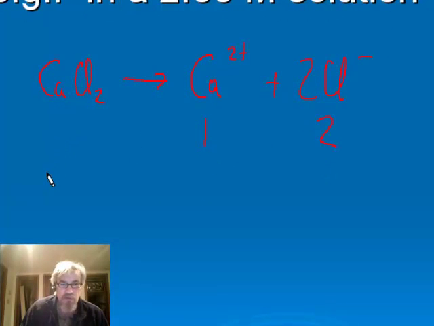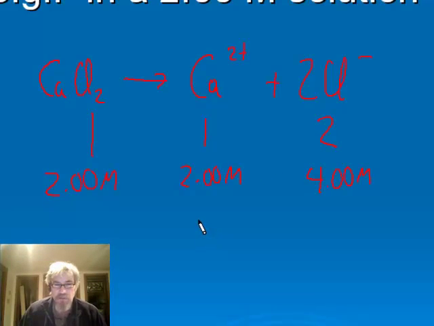So if I started out with 2.00 moles per liter of calcium chloride, I will have 2.00 moles of calcium ions per liter, but I'll have 4.00 moles of chloride ions per liter. So the total molarity of particles would be 6 moles per liter. There would be 6 moles of particles per liter.